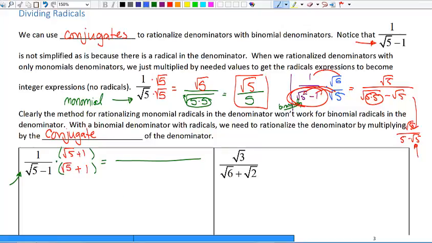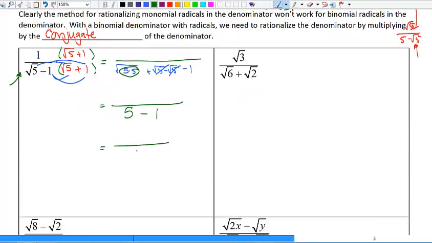So now I distribute these, and I'm getting the square root of 5 times 5 plus the square root of 5 minus the square root of 5 minus 1. So the 2 square roots of 5 add to 0, and then I'm just left with, this comes out of the house, it's 5 minus 1, or just 4. Yay, I have successfully got the denominator to not have a radical.